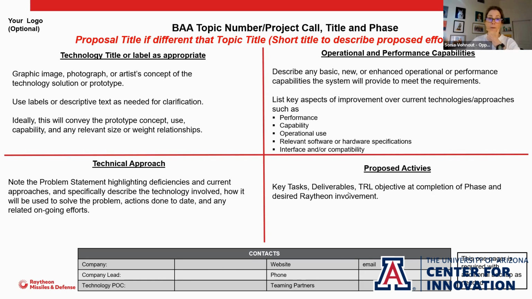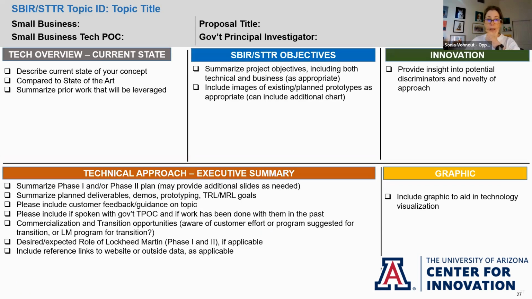You have to make sure that nothing you put in here is proprietary. And then Lockheed Martin's, of course, is not a quad chart, but it has five sections and is a similar thing: your technology overview, your objectives, what the innovation is, your technical approach, and a graphic.